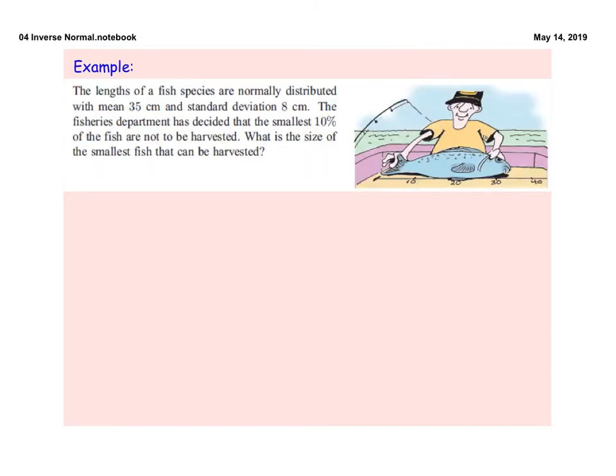Okay, we have one last example. The lengths of fish species are normally distributed with a mean of 35 and a standard deviation of 8. The fisheries department has decided that the smallest 10% of the fish are not to be harvested. What is the size of the smallest fish that can be harvested? Okay, so we're dealing with our little bell curve like this. Our average is 35, standard deviation of 8.